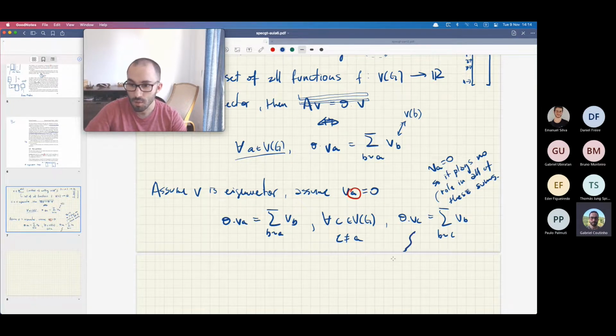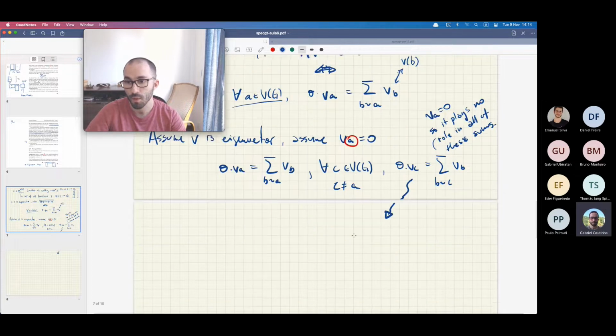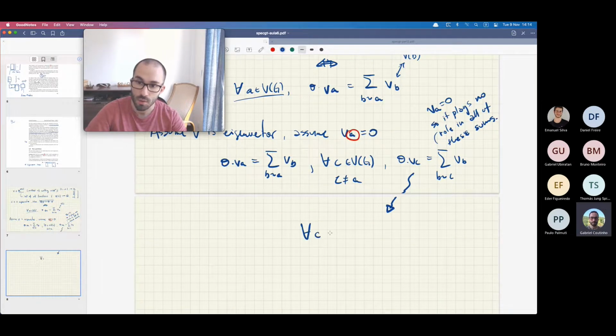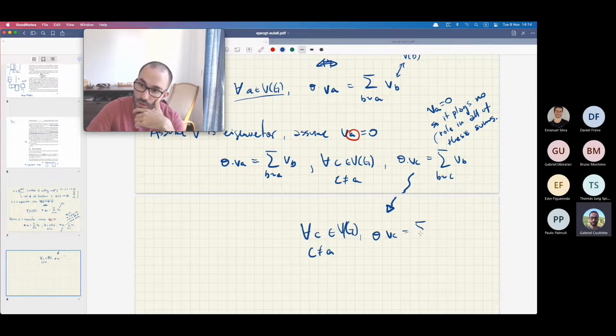What this means is that for all C a vertex of the graph, C different than A, theta v_C is equal to the sum over all B neighbor to C, B different than A, of v_B.